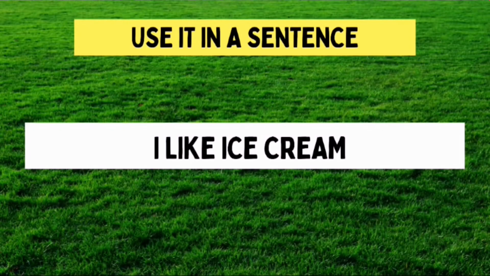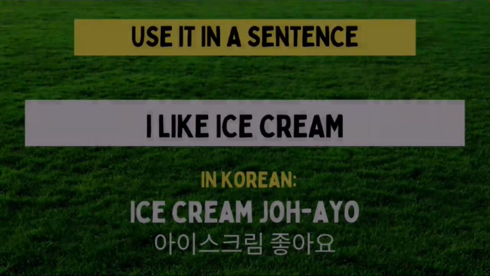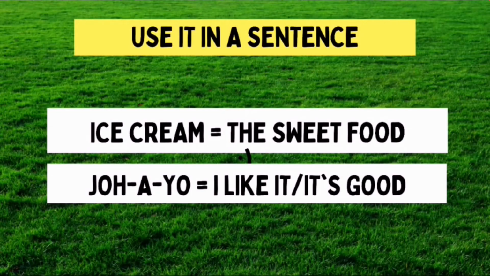Now that we have an idea about the meaning of the word joayo, let's look into this example sentence. It says, I like ice cream. The Korean translation of this sentence is ice cream joayo. Again, it's ice cream joayo. The first part of the sentence is ice cream.